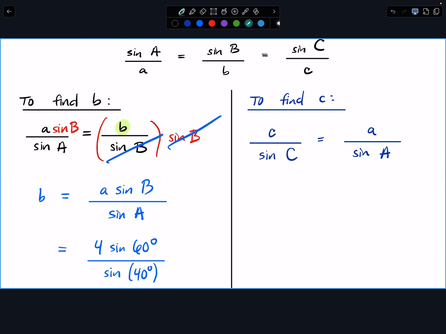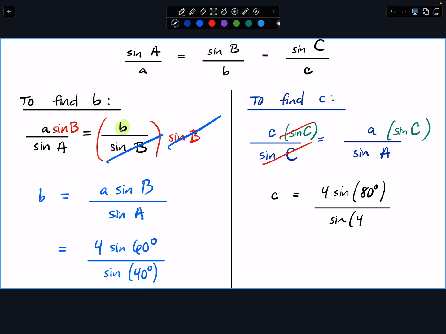So if I want little c by itself, I can multiply both sides by the sine of C. So then these cancel. So then little c is equal to 4 times the sine of 80 degrees divided by the sine of 40 degrees.